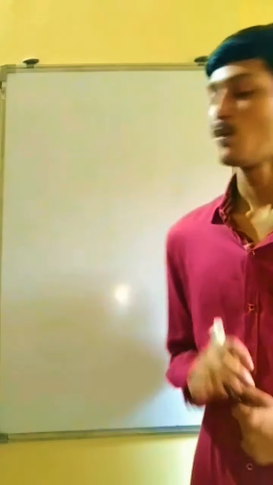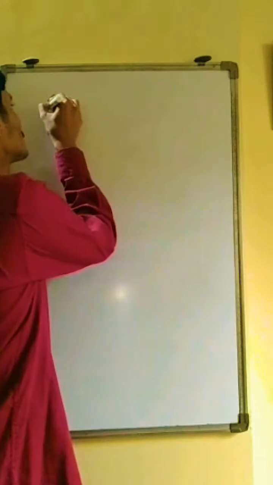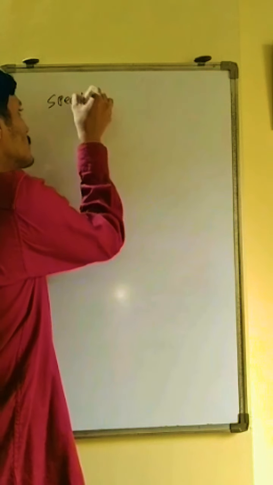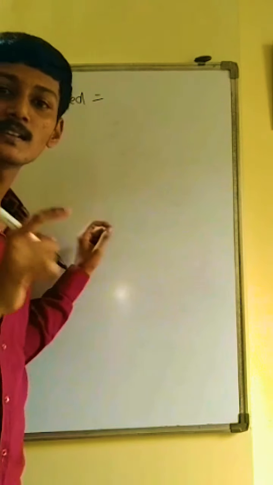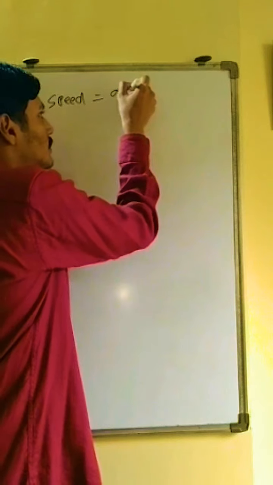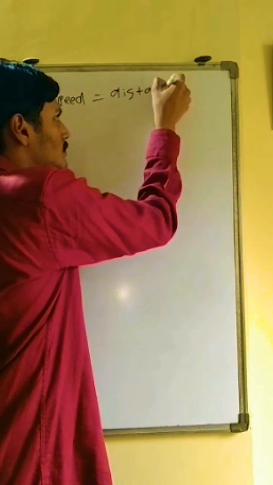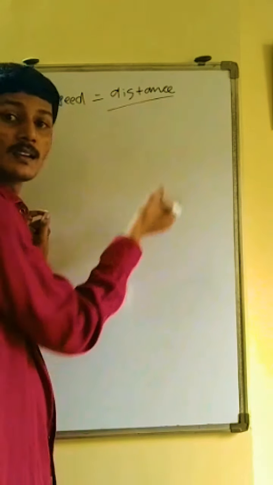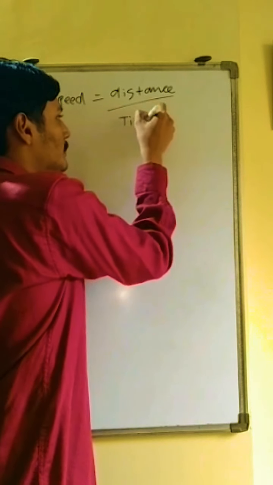Our next concept is speed and velocity. We saw the difference between distance and displacement. The same follows for speed and velocity. Speed is defined as total distance covered upon given time.